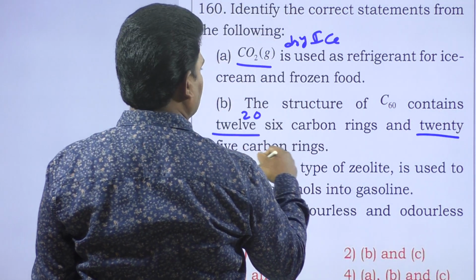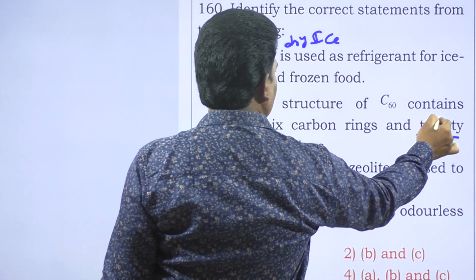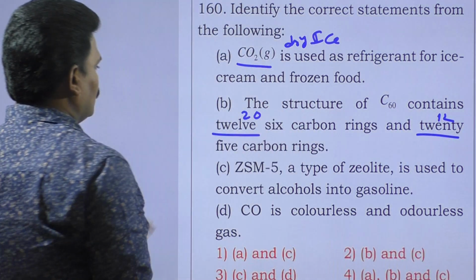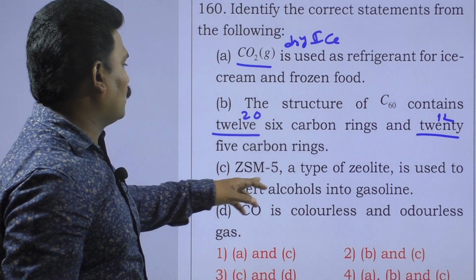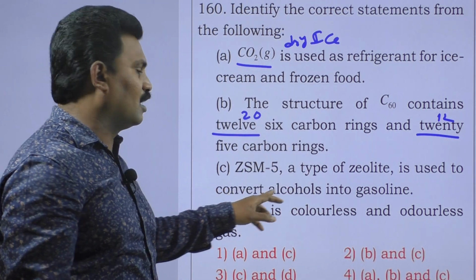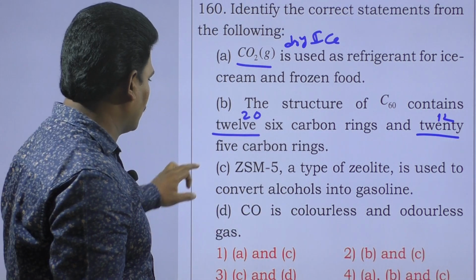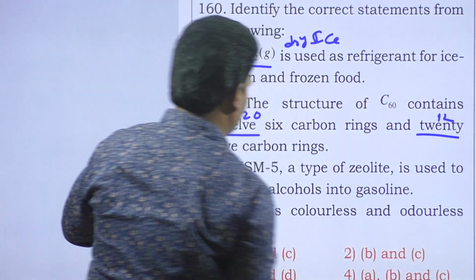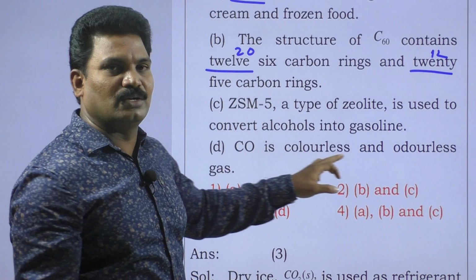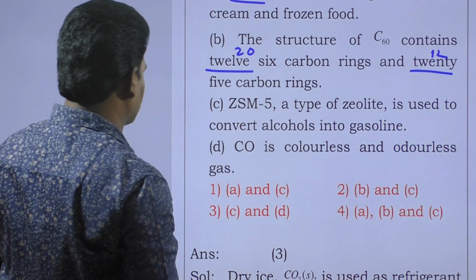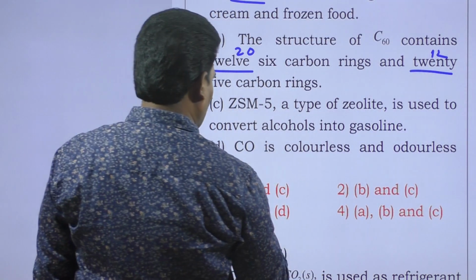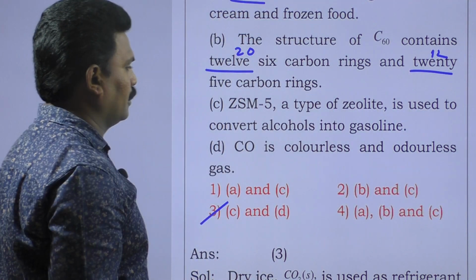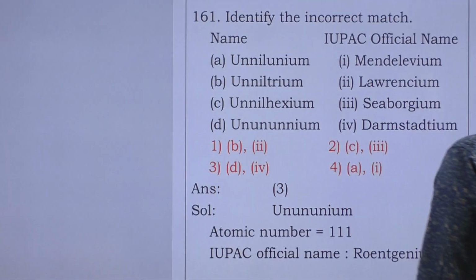Okay, it is not correct. ZSM-5 type of zeolite is used to convert alcohol into gasoline. It is correct because it is a shape-selective catalyst. And CO is a colorless and odorless gas. It is also correct. So options C, D are the correct answer. So the answer is the third option. Okay. And then go to the next question.